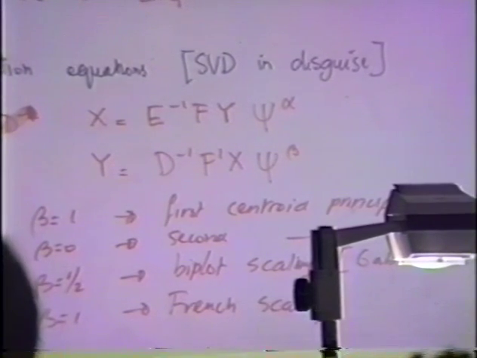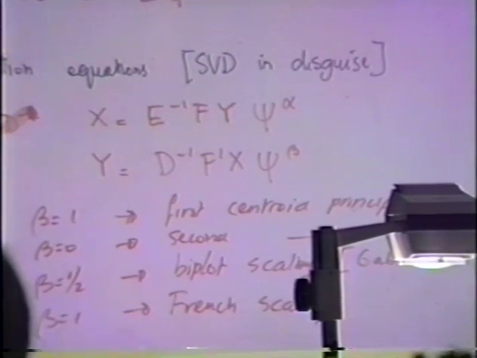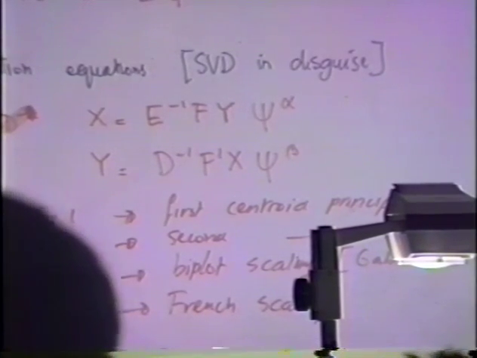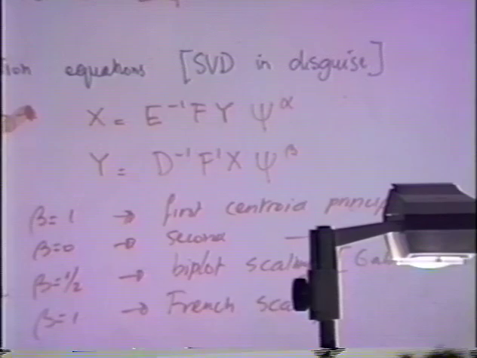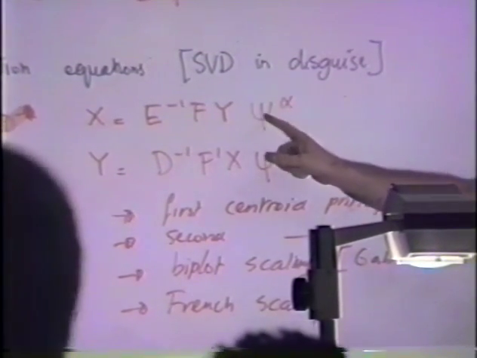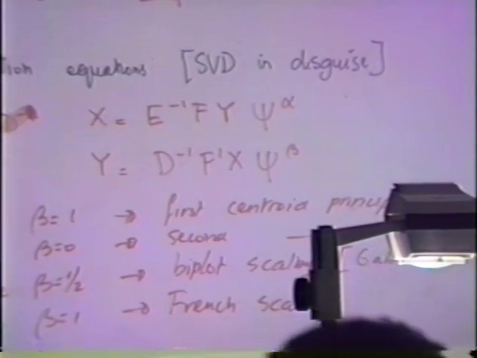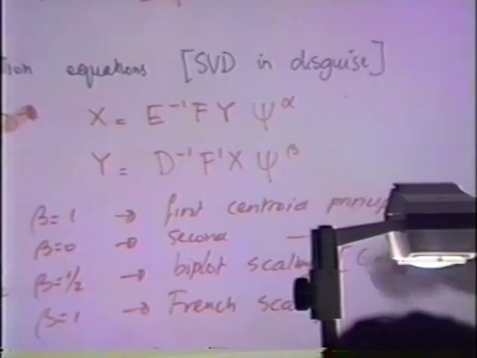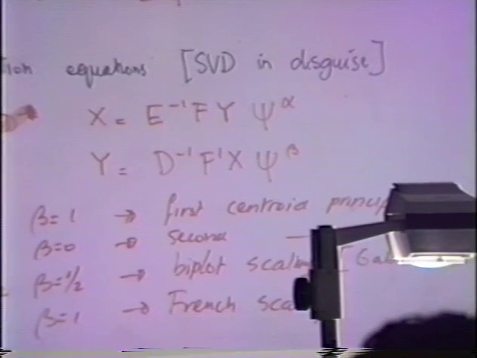There are two parameters here, alpha and beta. And there are several choices possible for alpha and beta. If you choose alpha equal to 0, in other words, if you do not include any singular value contribution in the first equation, and beta equal to 1, this one up here, then you're using the first centroid principle.